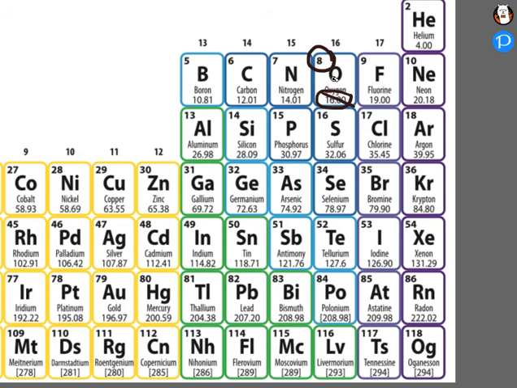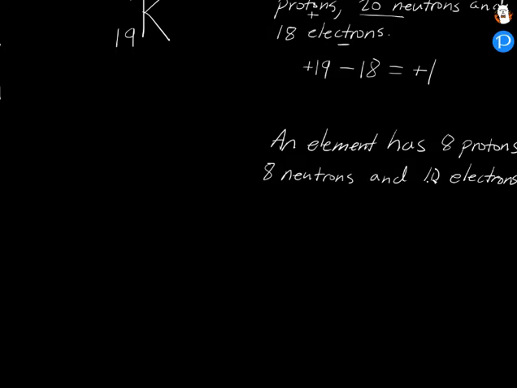But all we would have to do for this one is add up 8 and 8, which works out to be 16. So I'm going to write O, with a mass of 16, 8 plus 8, and then the number of protons is 8.